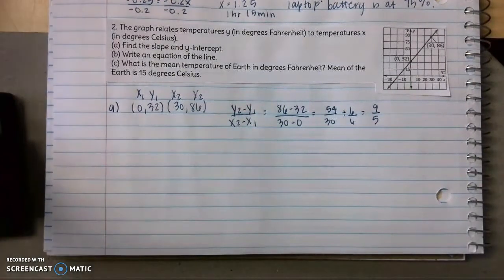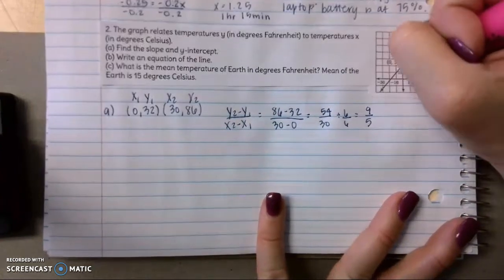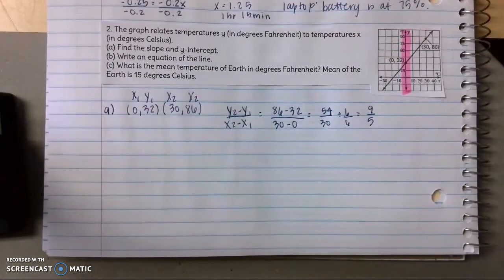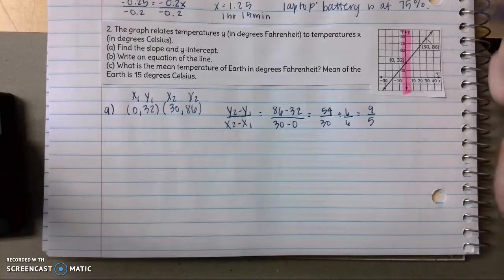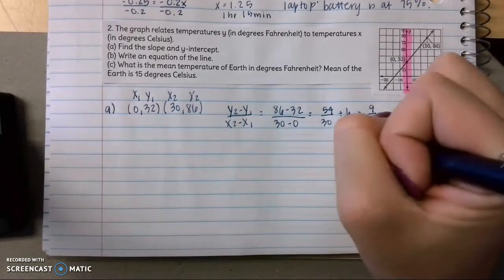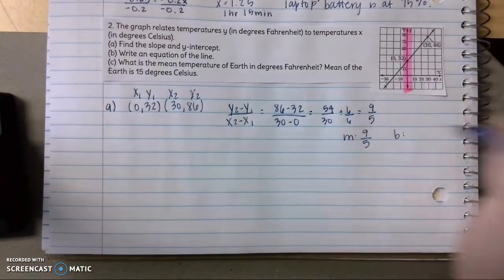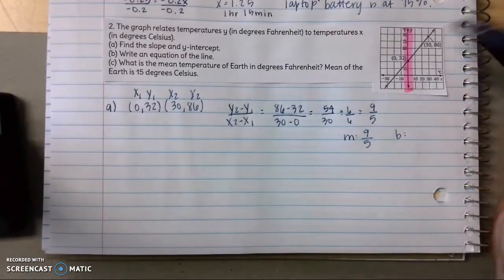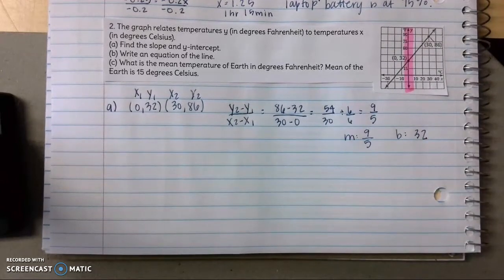Now, when we are given the graph, we can just look at where we cross the y-axis, and in this case, it gives us that exact point. So when x is 0, y is equal to 32. In addition to our slope being 9 over 5, we can use this point right here. So b is equal to 32.